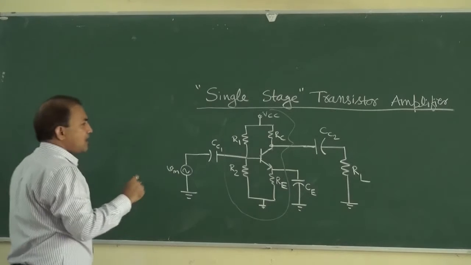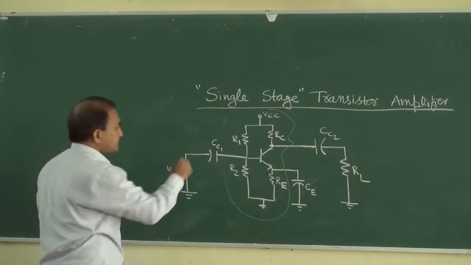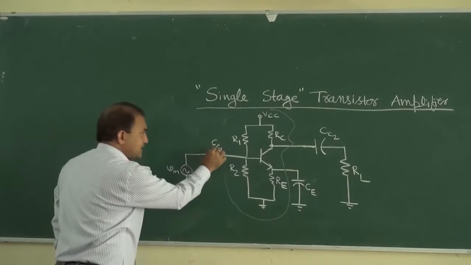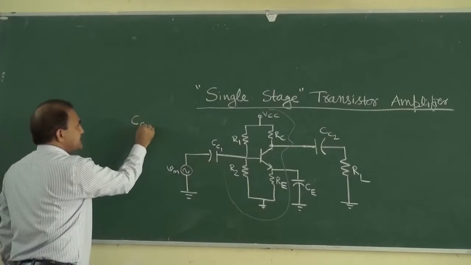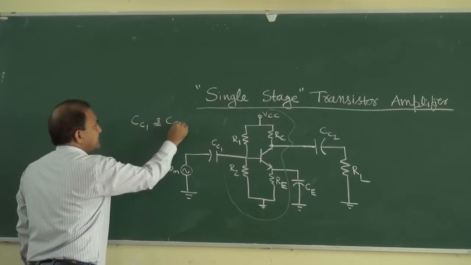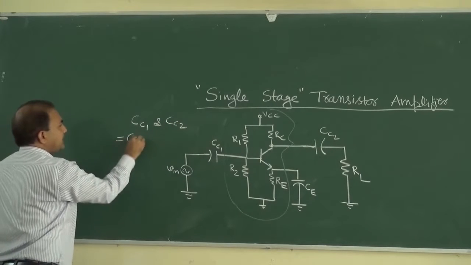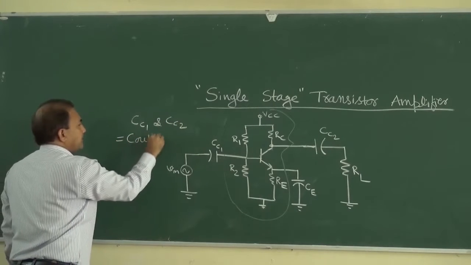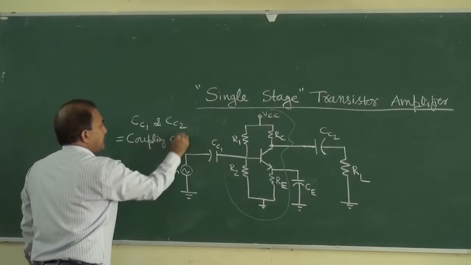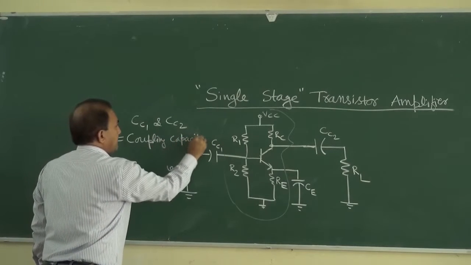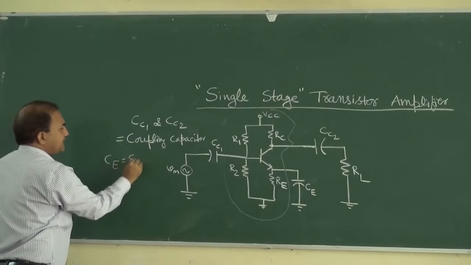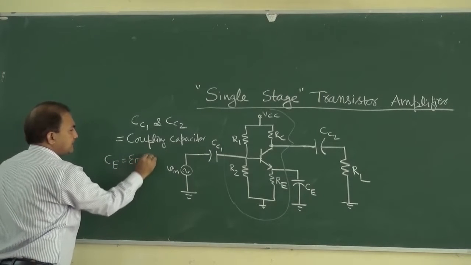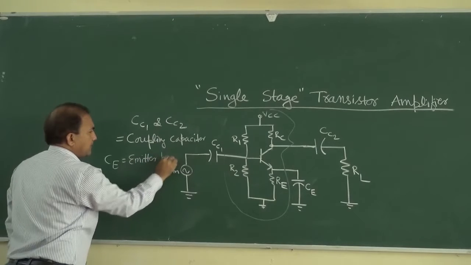Okay, so how it works we can see. What is the function of this coupling capacitor and emitter bypass capacitor? Suppose this is CC1 and CC2, both are coupling capacitors, and CE is the emitter bypass capacitor.